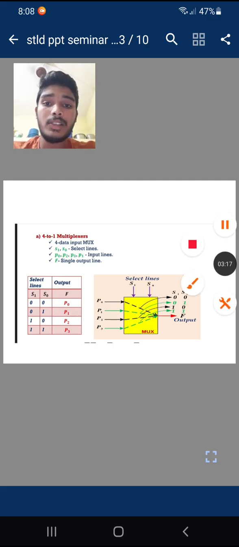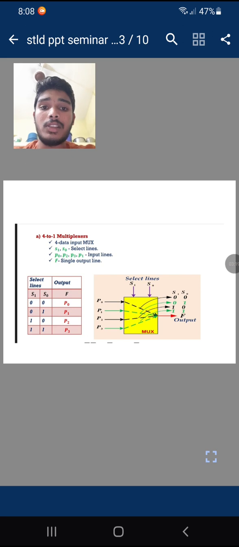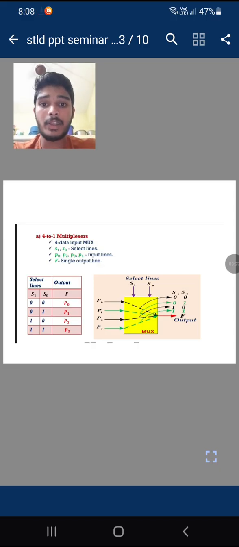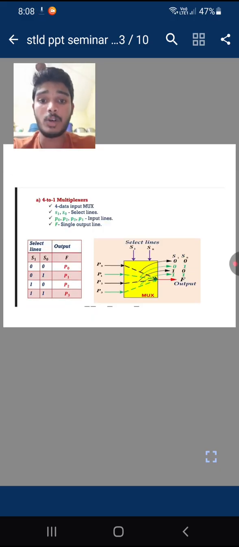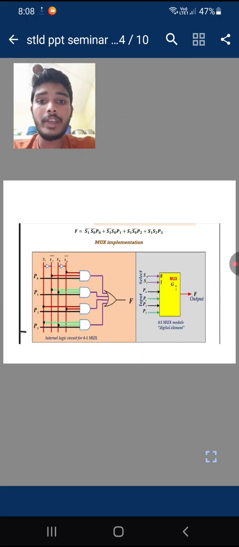Based on the selection inputs, the output values change. We get the total output equation of the multiplexer from these output equations. Therefore, F equals S1 bar S0 bar P0 plus S1 bar S0 P1 plus S1 S0 bar P2 plus S1 S0 P3.